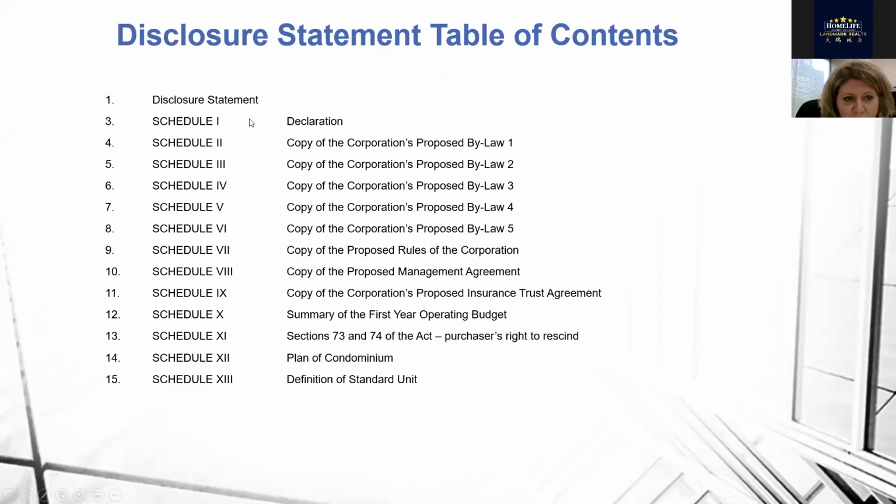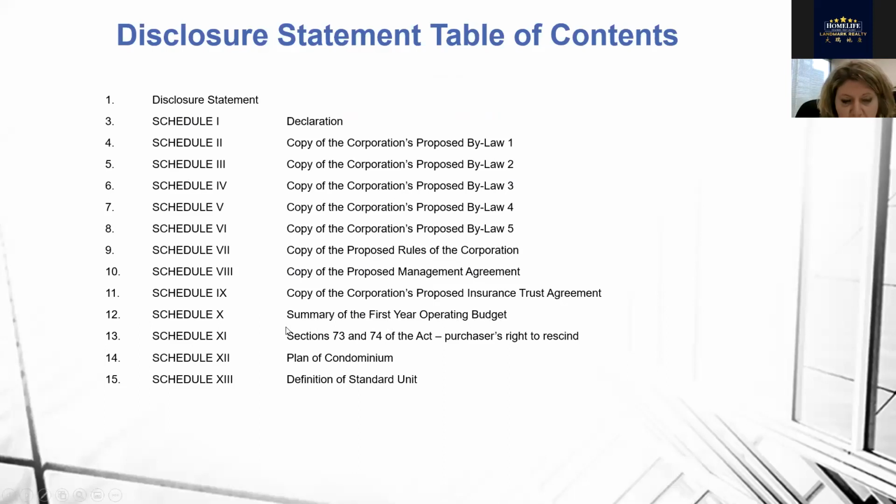Then you have a schedule 1, the declaration, the corporation, the bylaws, number 1, number 2, number 3, number 4, number 5, the proposed rules of the corporation, and the proposed management agreement. You will have the corporation proposed insurance trust agreement, and the summary of the first year operating budget.